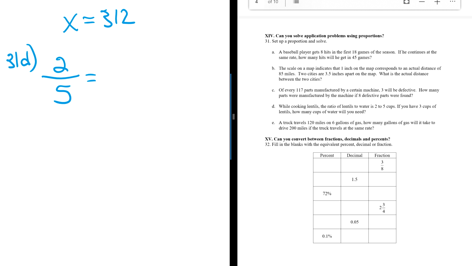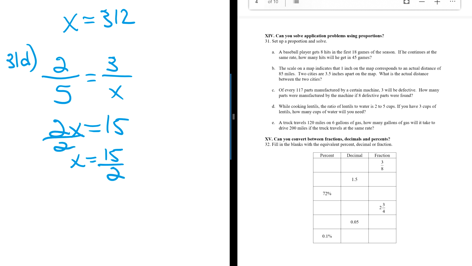So that's going to be 3 over x. And I'll cross multiply again. 2 times x is 2x equals 5 times 3 is 15. x equals 15 divided by 2 because I'm dividing both sides by 2. And x equals 15 over 2, which is the same as 7.5.